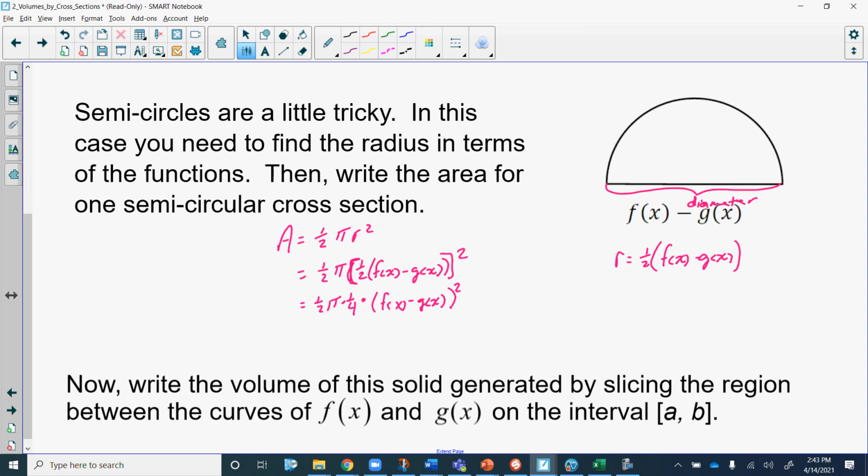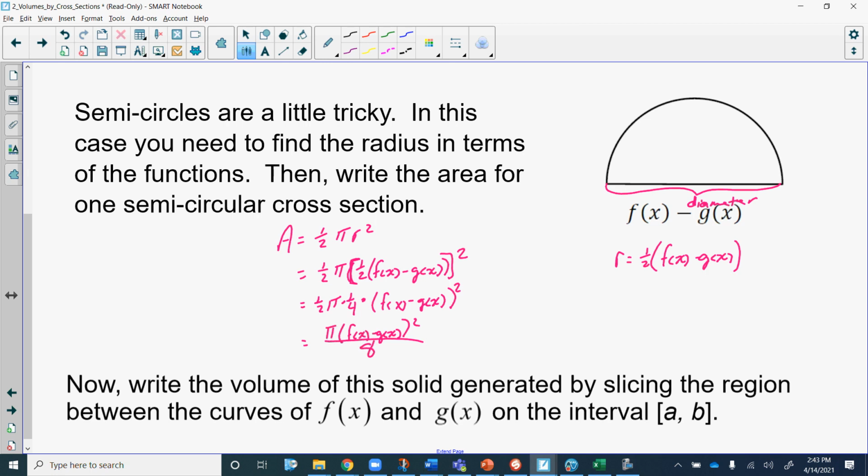And overall, that's going to give us, in the numerator, pi times f of x minus g of x squared, and in the denominator, the 4 and the 2 are going to combine to give me an 8. Or you could just say it as 1/8 times all that stuff, or however you want to do it.